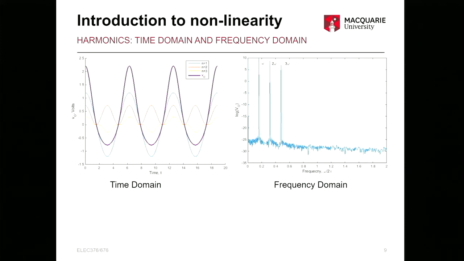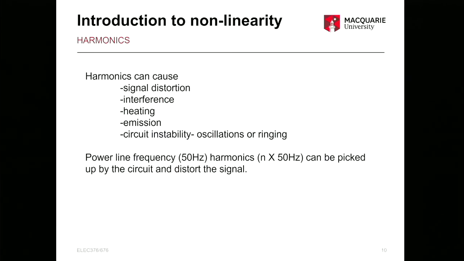If you look in the time domain, it may look like a sine wave. It's really hard to distinguish. But in the frequency domain, you can see really clearly three peaks, or three frequencies. That's one reason we commonly use FFT to find out what the frequency components are in the final wave.